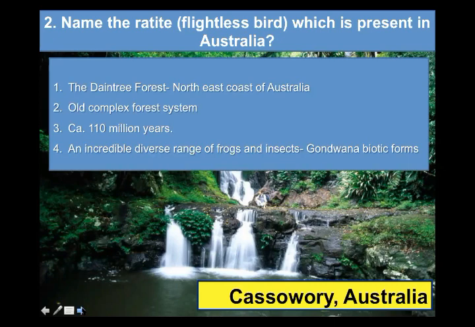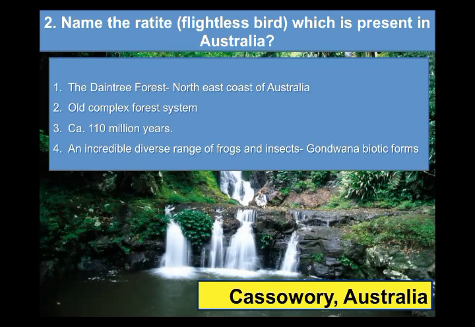What does it mean? Continental drift split the plates of Gondwana into different pieces. These split plates carried the biotic forms from Africa to the different present-day continents.